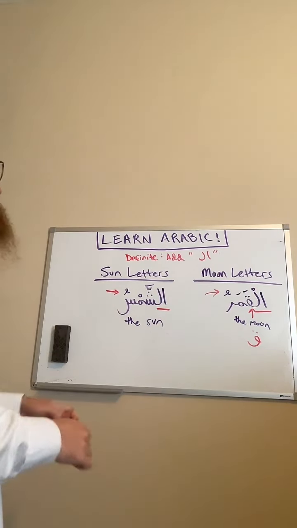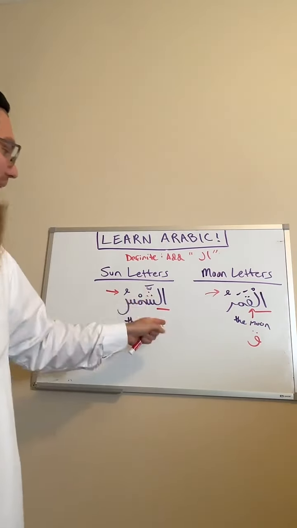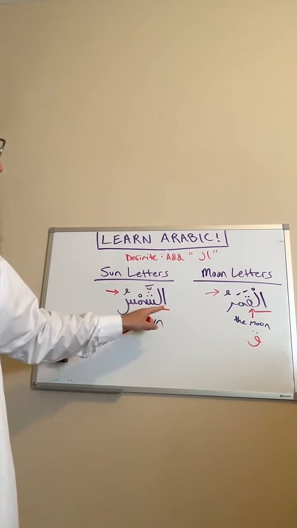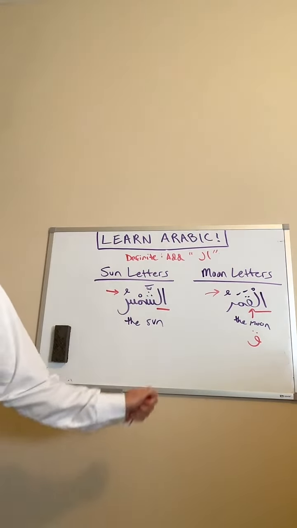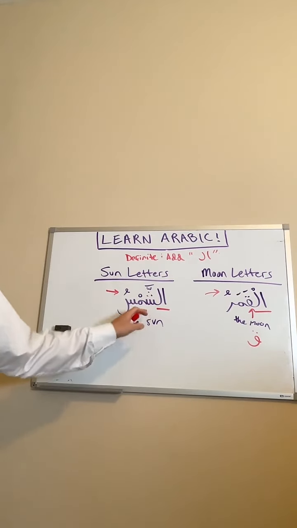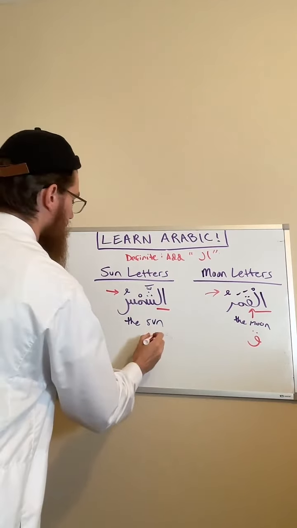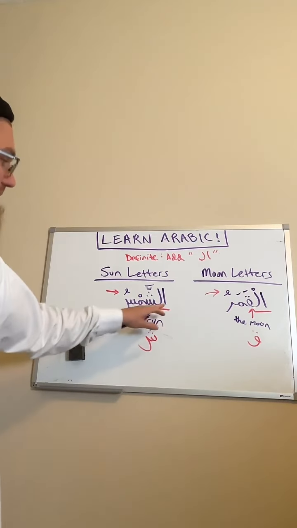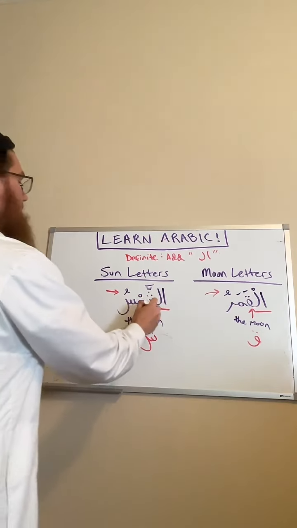All right. So, what is the letter that comes after the definite alif lam in this word? It is the sheen. You can tell it's the sheen because it comes after the definite alif lam. What's the next letter? It's the sheen.